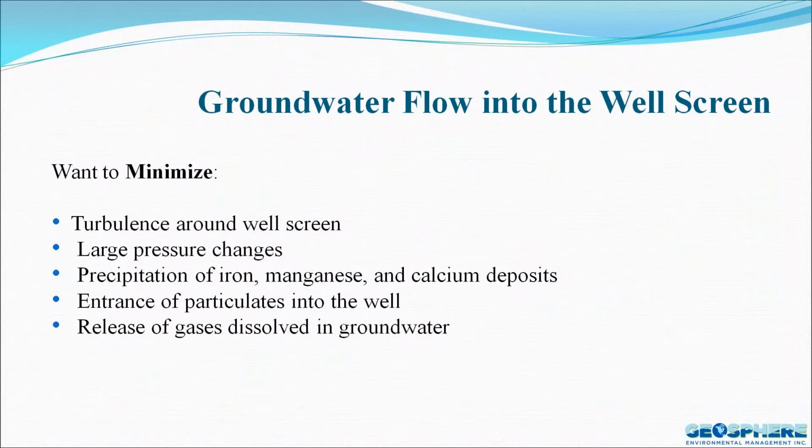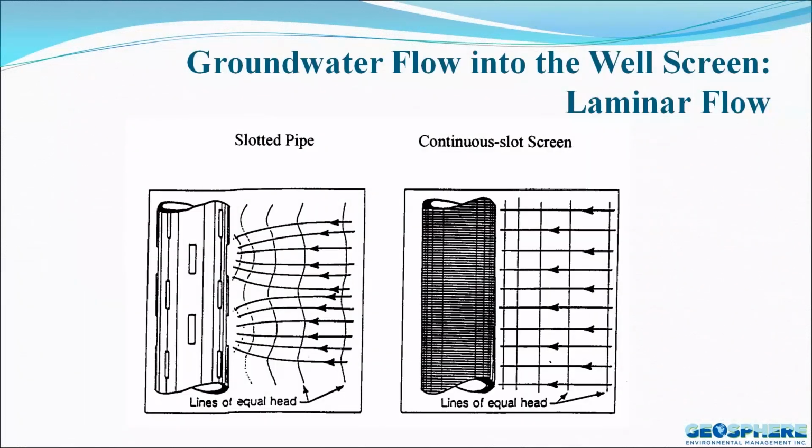And also we want to minimize that release of gases which are dissolved in groundwater, to stop these little mini explosions which occur in there, which also change the water quality and may cause the precipitation of calcium carbonate deposits within the well screen. So a lot of things that we have to take into consideration when we do this.